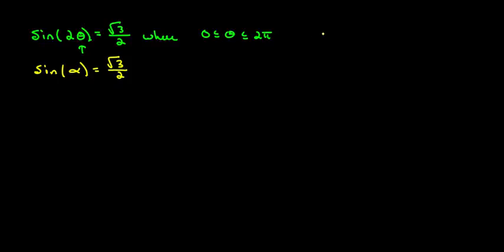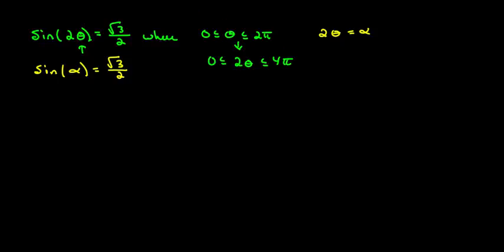So the substitution I'm making is that 2 theta is equal to alpha, which means that if I multiply everything here by 2, I have 0 is less than or equal to 2 theta, which is less than or equal to 4 pi.